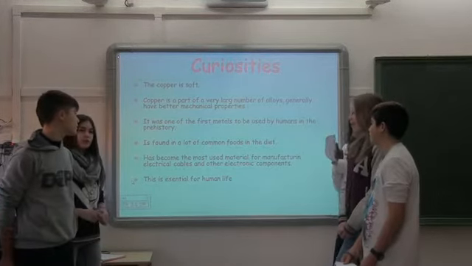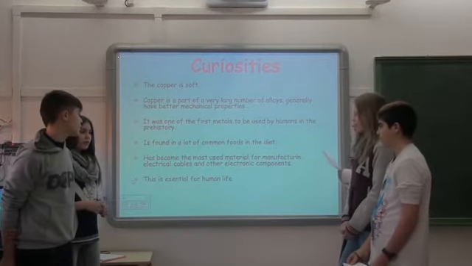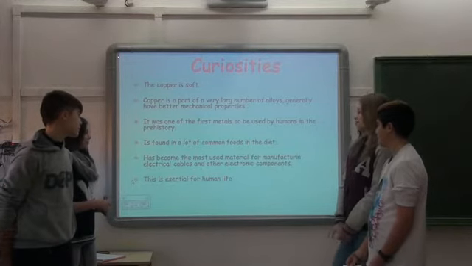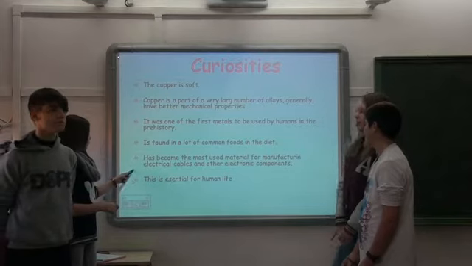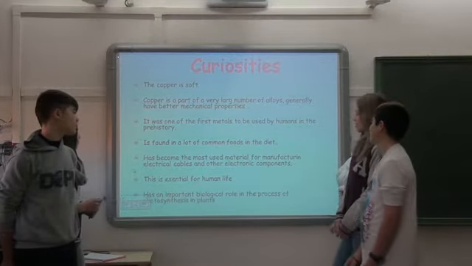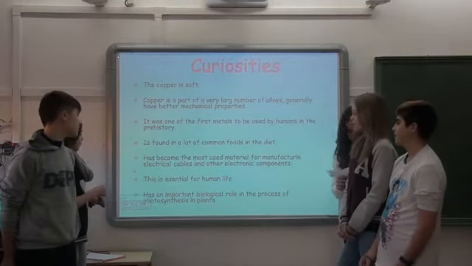It has become the most used material for manufacturing electrical cables and other electronic components. It is essential for human life. It has an important biological role in the process of photosynthesis in plants.